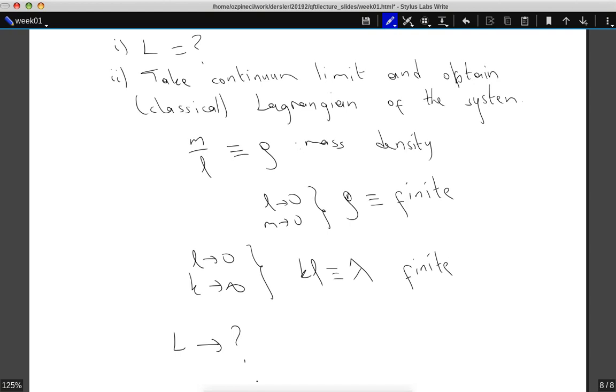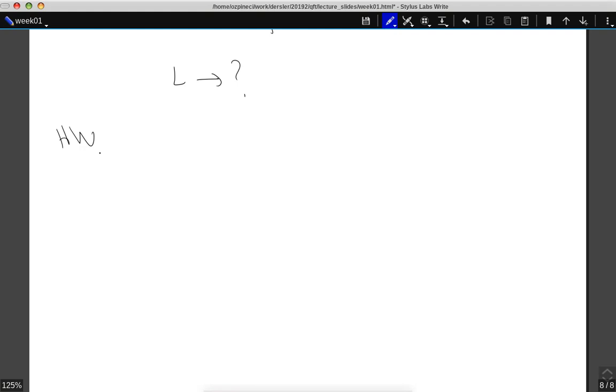Is it finite? Does it diverge? Does it go to 0? So this is one homework.